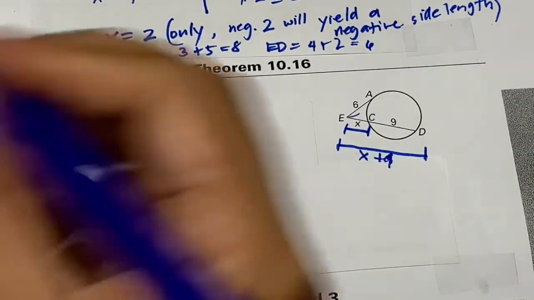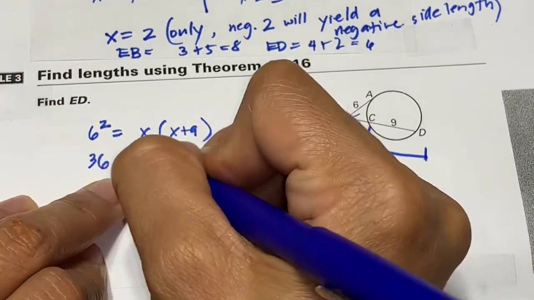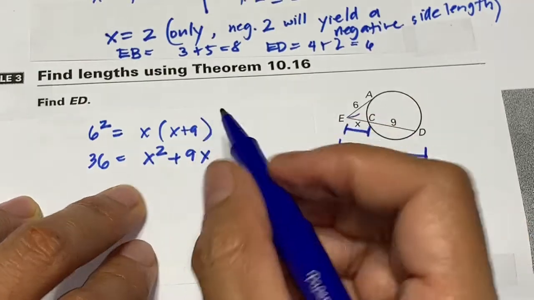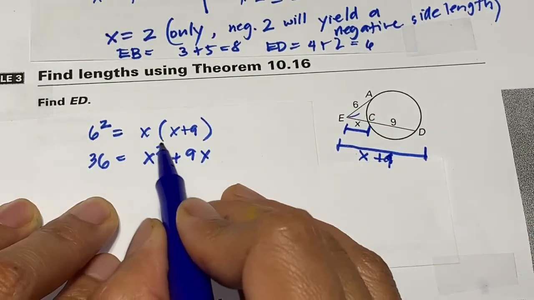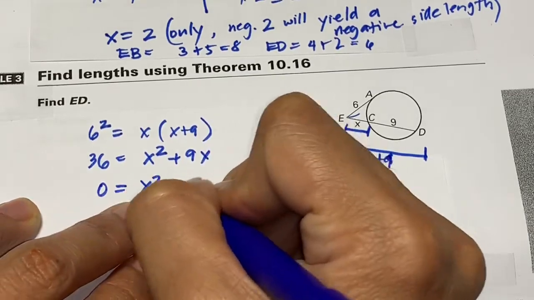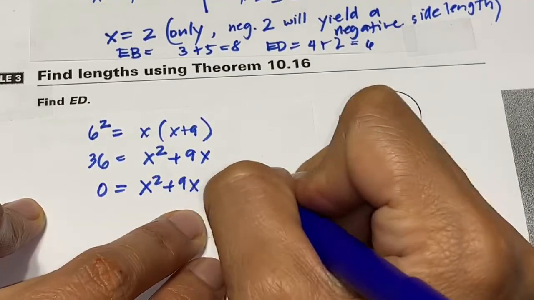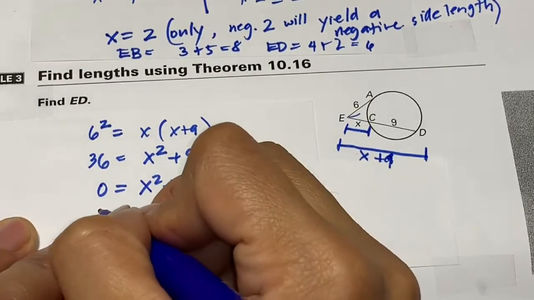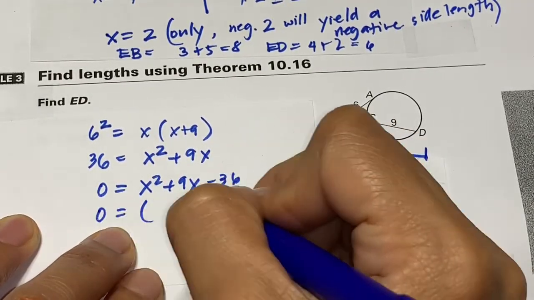Okay, so that's 36 equals x squared plus 9x, distribute. Again, this is quadratic, so move everything to one side. 0 equals x squared plus 9x minus 36. Again, factor it.